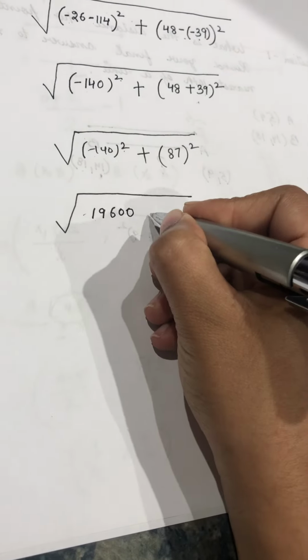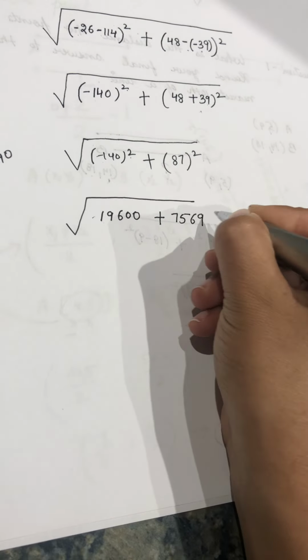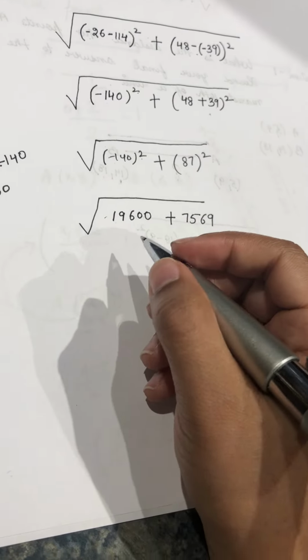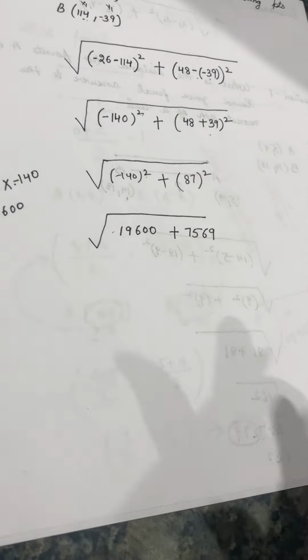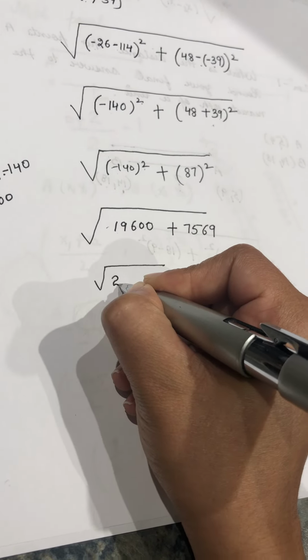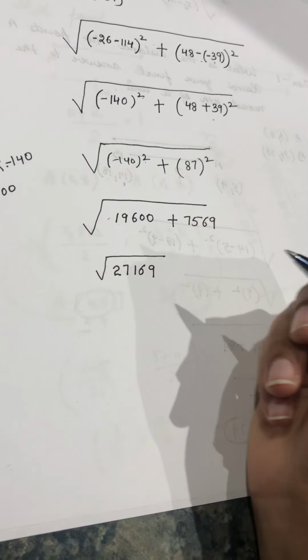Alright, so now it will be 19600 plus 7569, which is the square of 87, all together the square root of 27169.